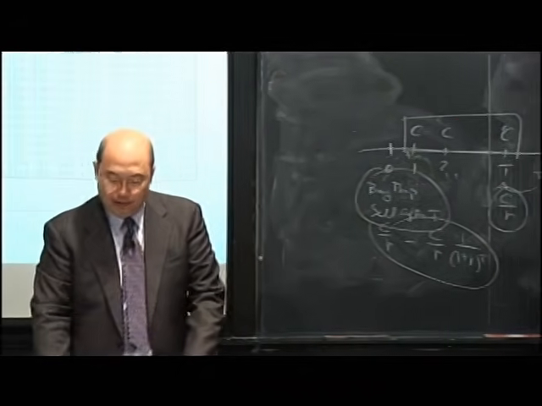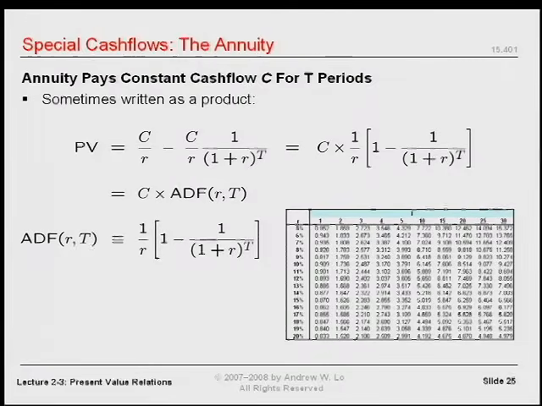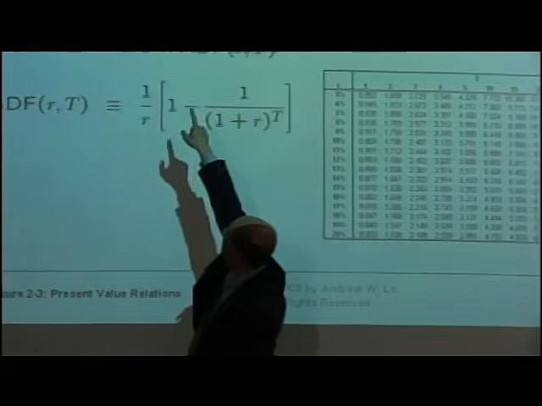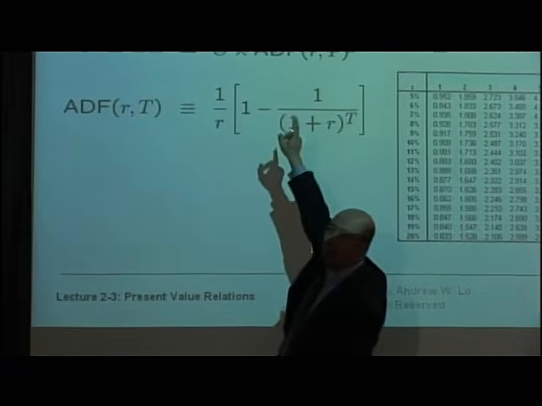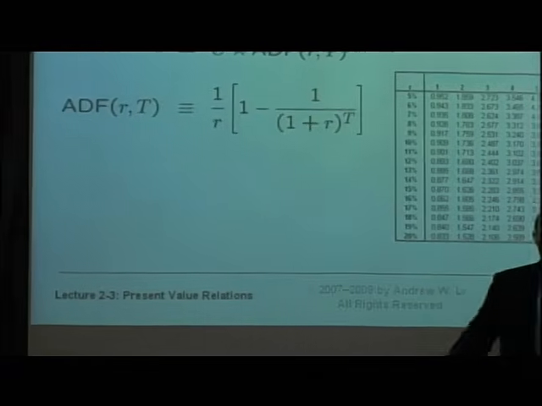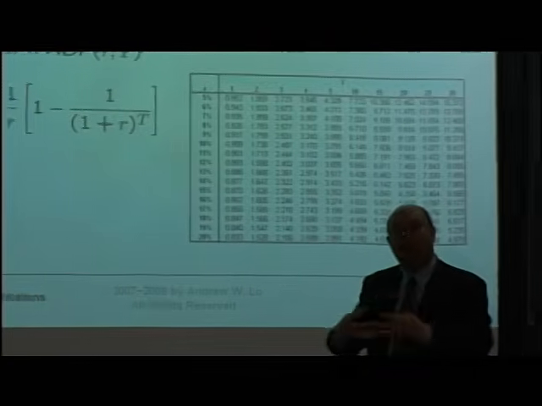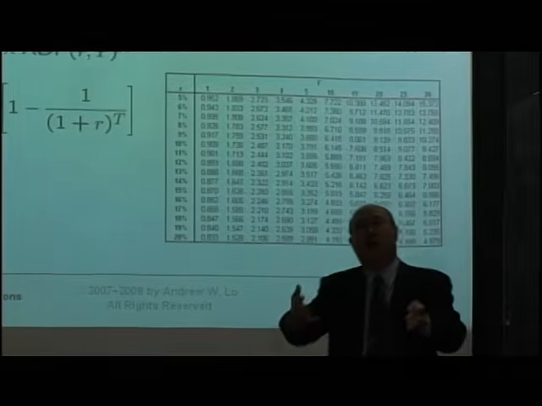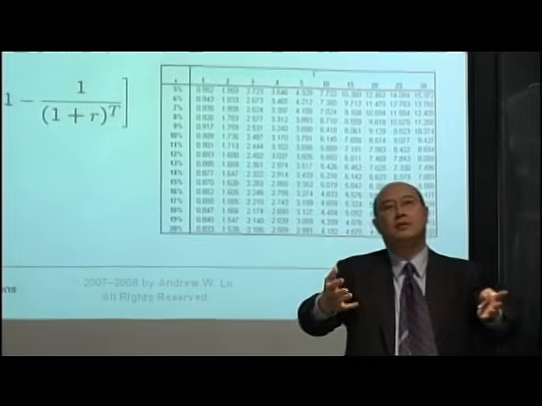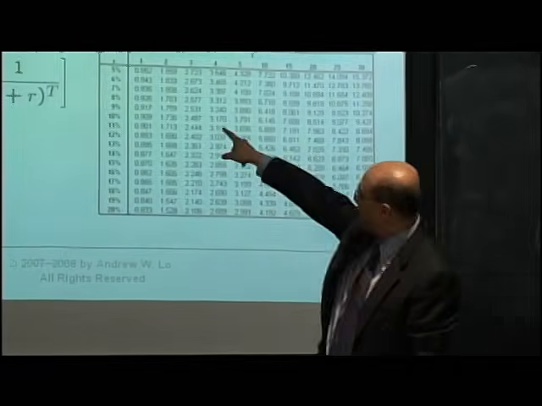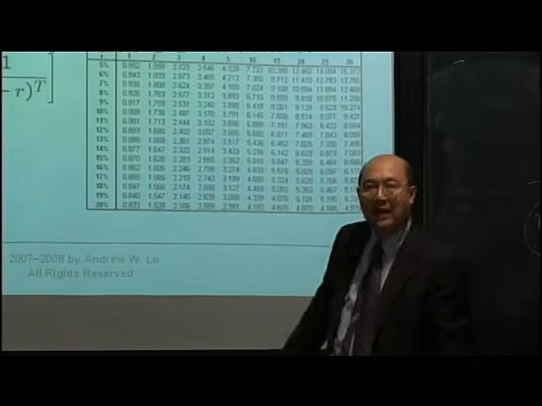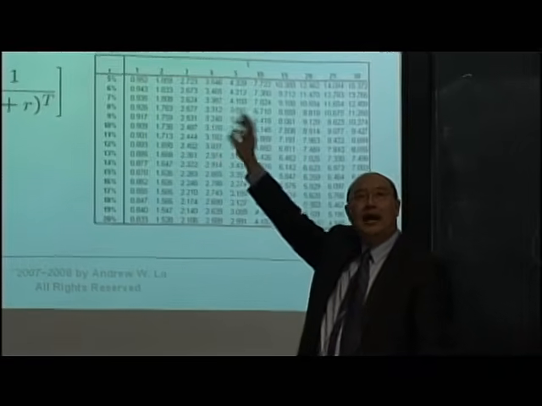And you can construct tables, as people have done, of what are called annuity discount factors. So the annuity discount factor is simply separating the interest rate from the cash flow. And so when you're going out for a mortgage, the amount that you're borrowing, you borrow $200,000 for your house, that's the left-hand side. Your monthly payment, C, that's the right-hand side.